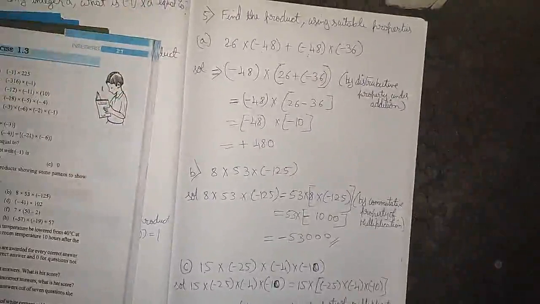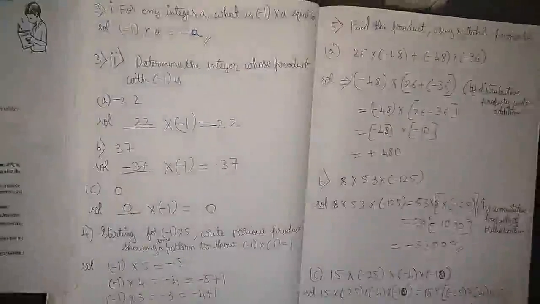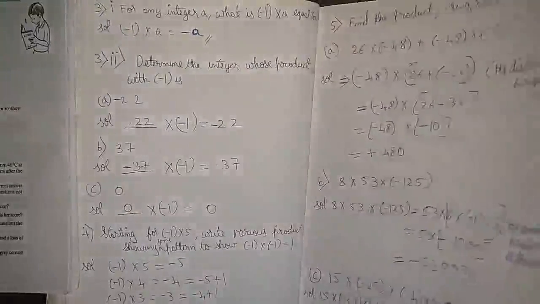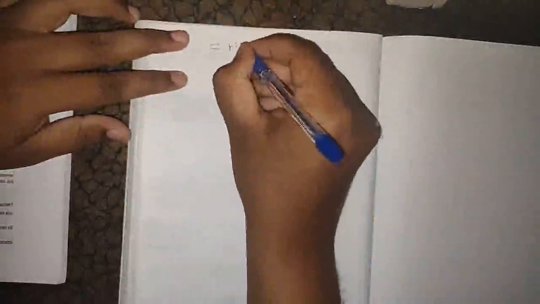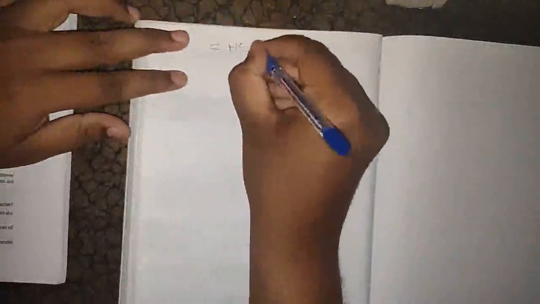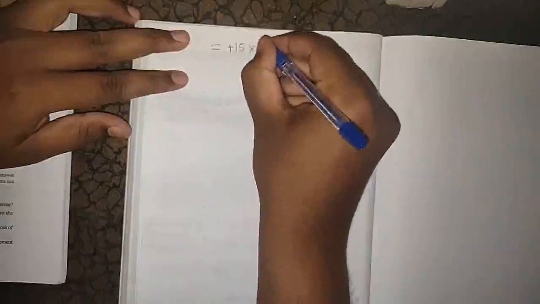I'll go to the next page. That will be equal to 50. See what you will get. See, minus 15. Sorry, 15. Minus is not there. Plus 15 into, what was there?